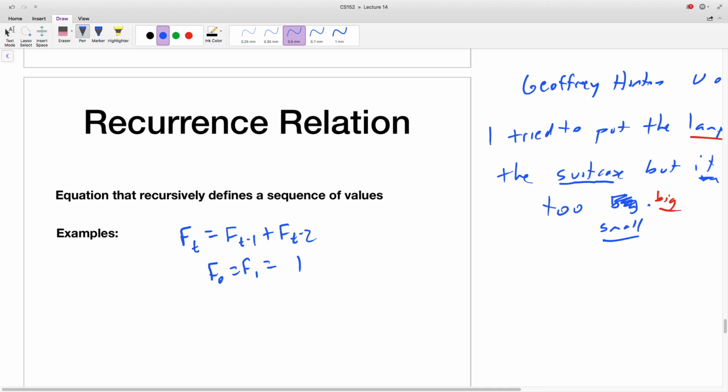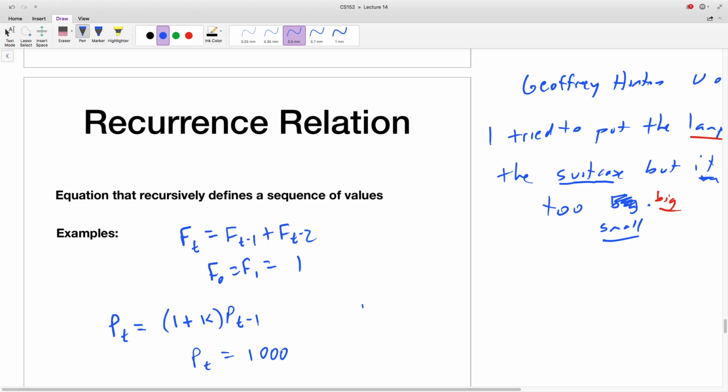That's a recurrence relation. Let's come up with another recurrence relation, and you tell me what this actually is. What might this represent?